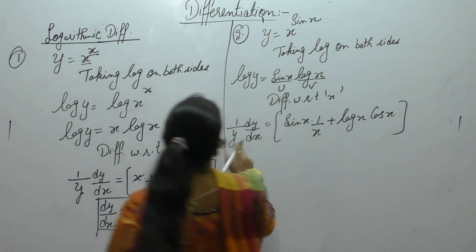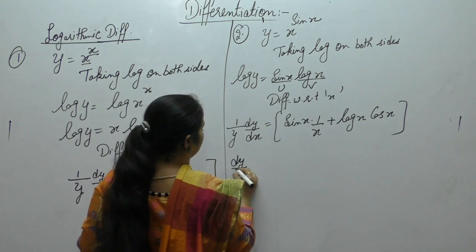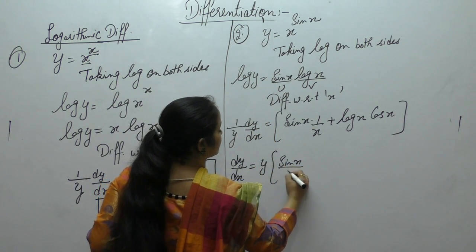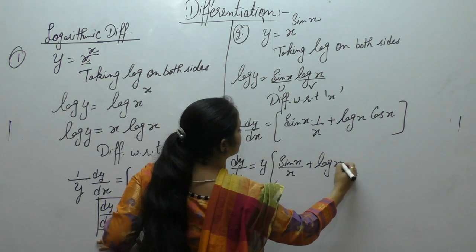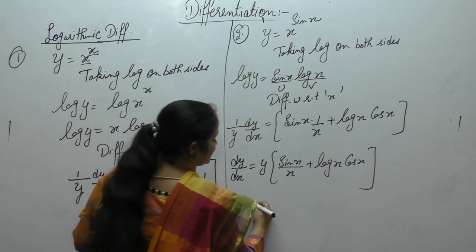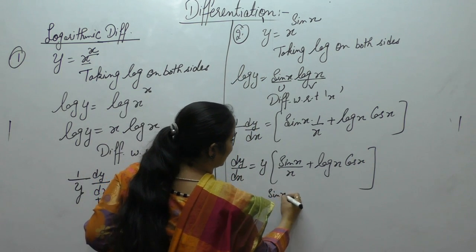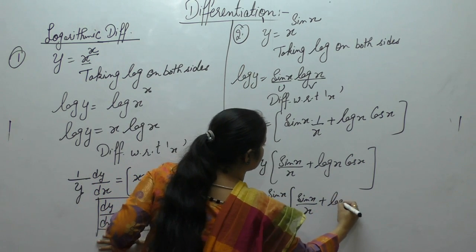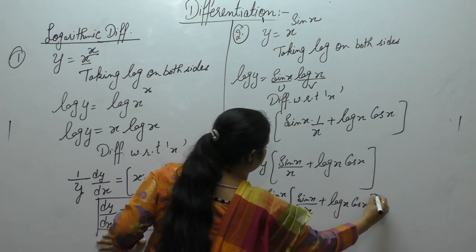Clear? Now this y goes on this side. dy upon dx equals y into sine x upon x plus log of x cos of x. Now put the value of y. y is x power sine x.